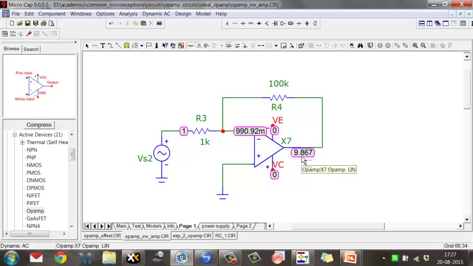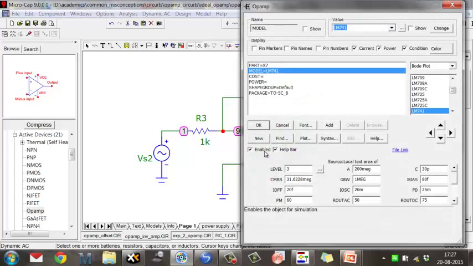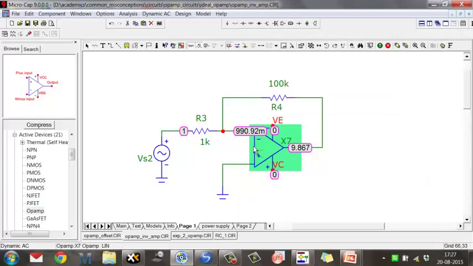Now this is very interesting: even though the gain is 2 into 10 to the power 8, very high, why is it no longer a virtual ground? Because gain is a very strong function of frequency also. So in fact, gain drops very rapidly.